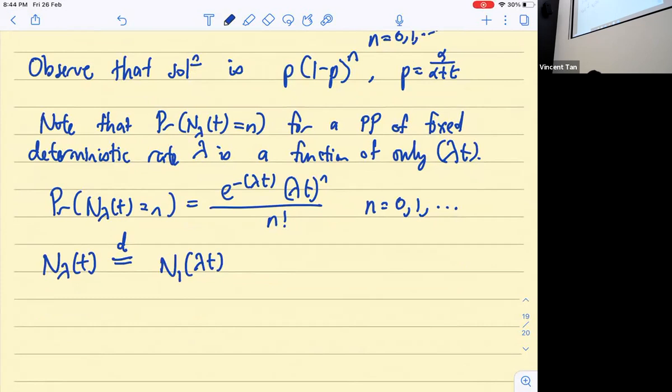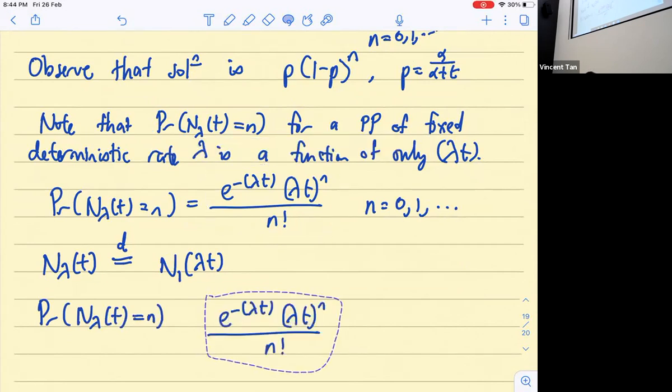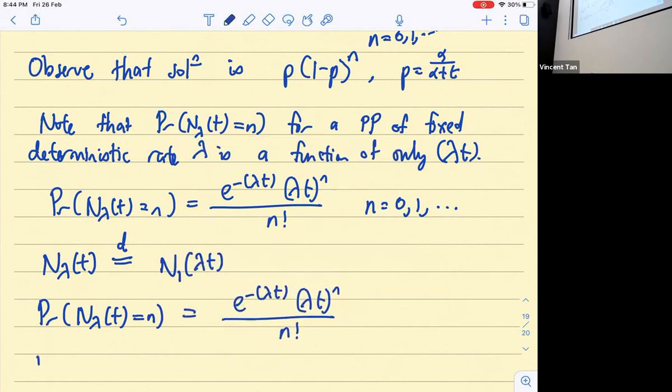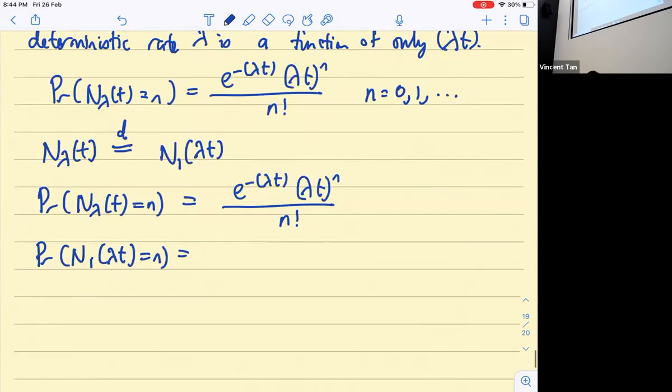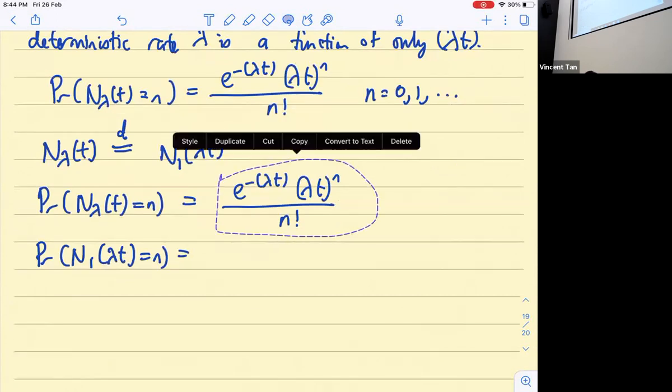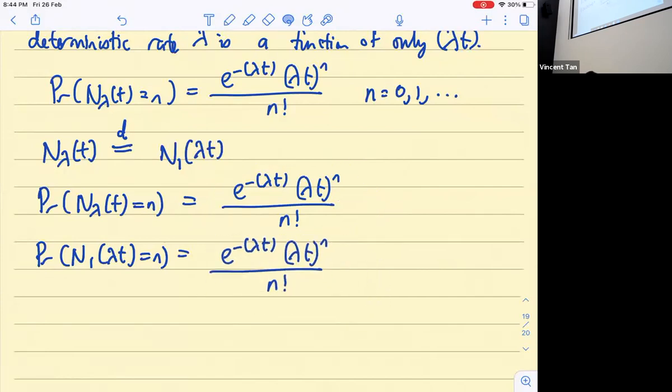Why? I've already written down N_lambda(t) equals n. It is nothing but this guy here. But as you can see, probability of N_1(lambda t) equals n is the same thing. It's exactly the same thing. I'm evaluating the rate 1 process at time lambda t. Okay?